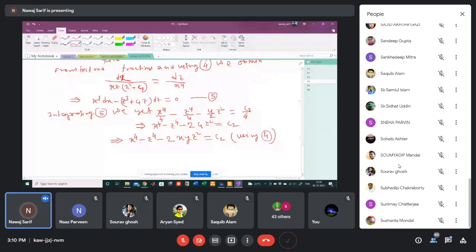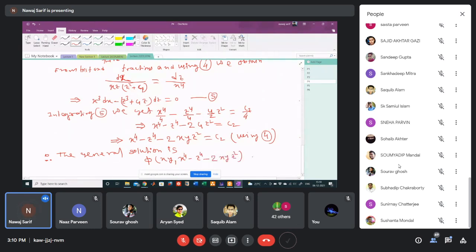Now your general solution can be written as: therefore the general solution is phi of xy comma x to the power 4 minus z to the power 4 minus 2xy z square equals to 0. This is your general solution.